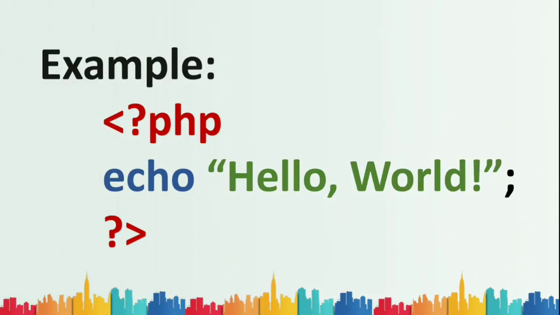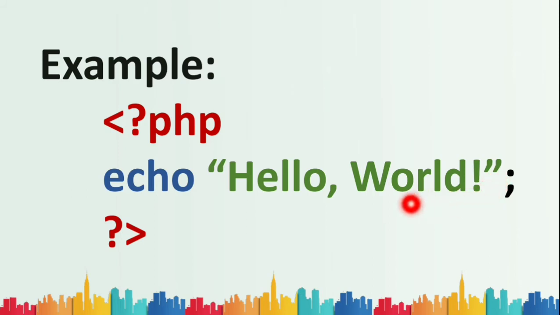Look at this program code. This is a very simple PHP code. Here we have an open angular bracket and question mark, and then we write php. After this, if you want to print something on the screen, you are supposed to use the echo keyword. After this echo keyword, whatever you want to print on the screen, you have to give it in double quotes or single quotes. Just open the double quotes and close the double quotes.